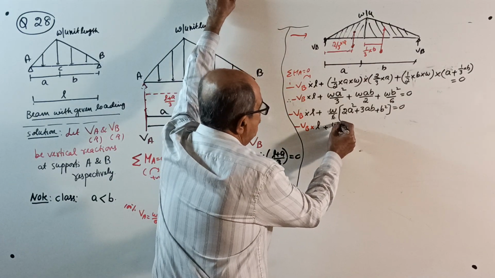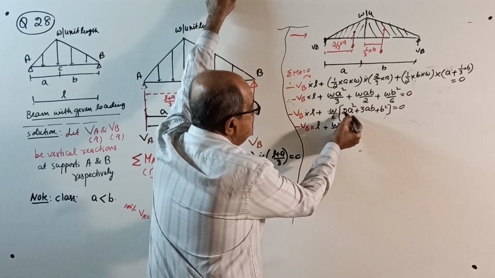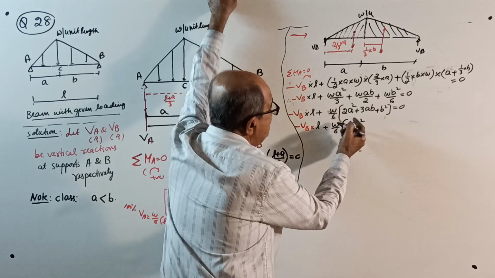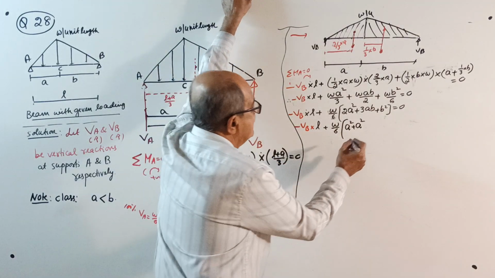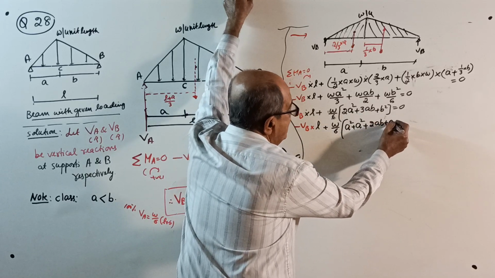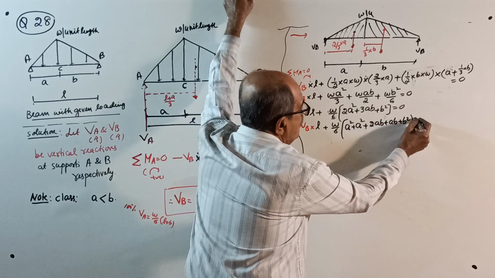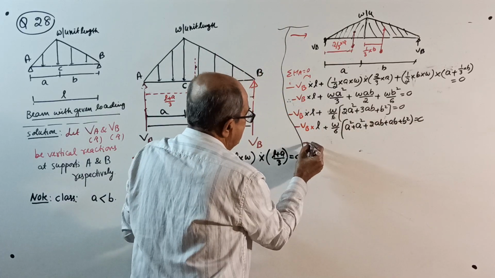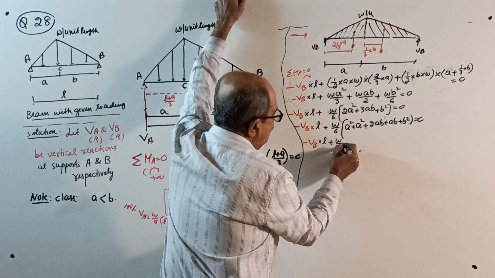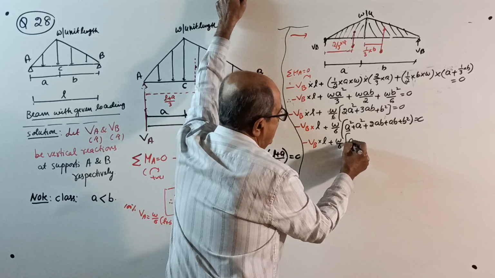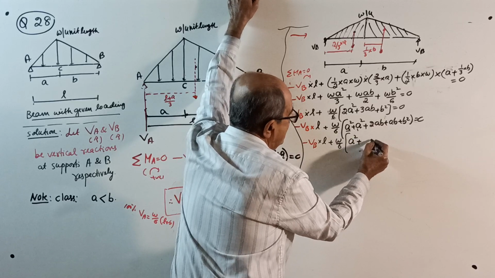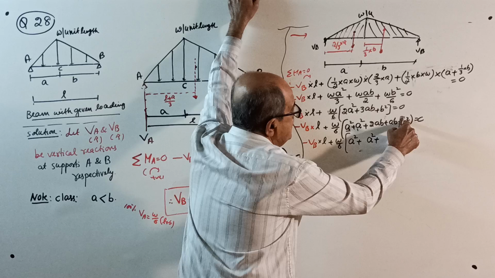Plus W by 6 times of, see, this is 2A square. You write A square plus A square. Why? I want the format. Plus 3AB, you write 2AB plus AB plus B square equal to 0 or minus VB into L plus W by 6 into, see, A square plus, once again, see here, A square plus, ask the B square, you please come here.